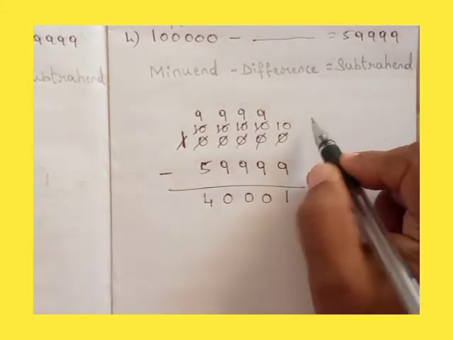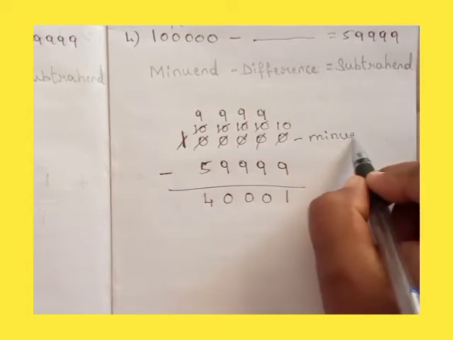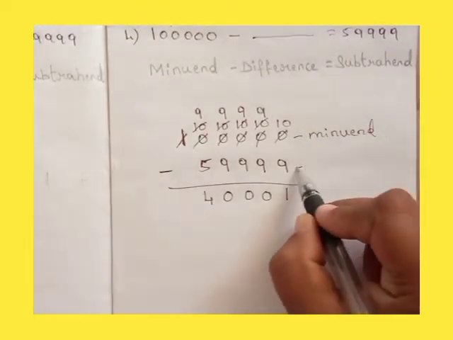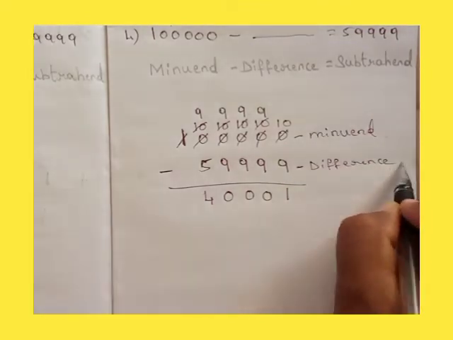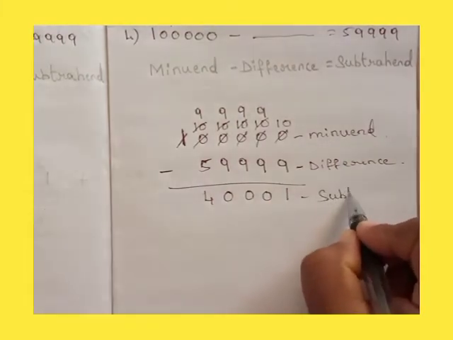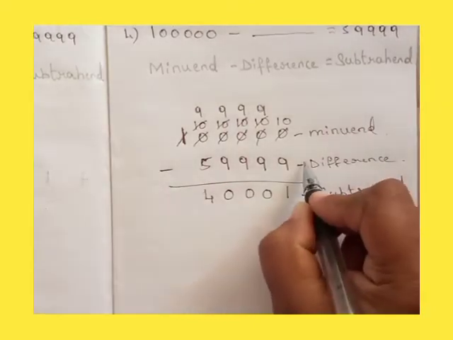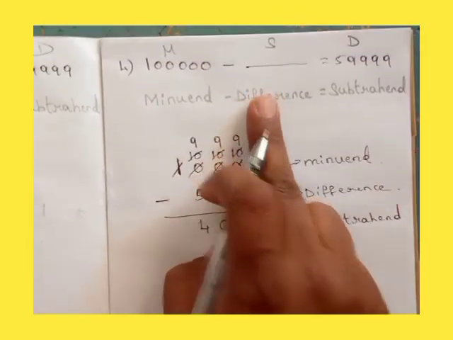Dear children, this is the minuend. This is the difference. And this is the subtrahend. So let's fill up the subtrahend there.